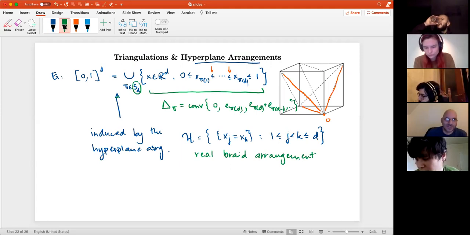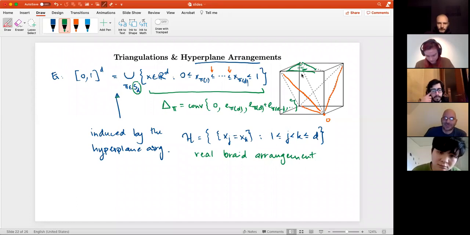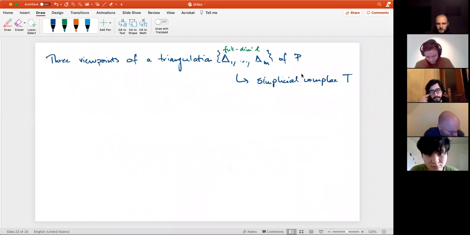But technically speaking, in terms of the simplicial complex, this triangle up here is part of my triangulation. So sometimes I want to think about this, and sometimes I want to forget about it. So I want to allow both versions.